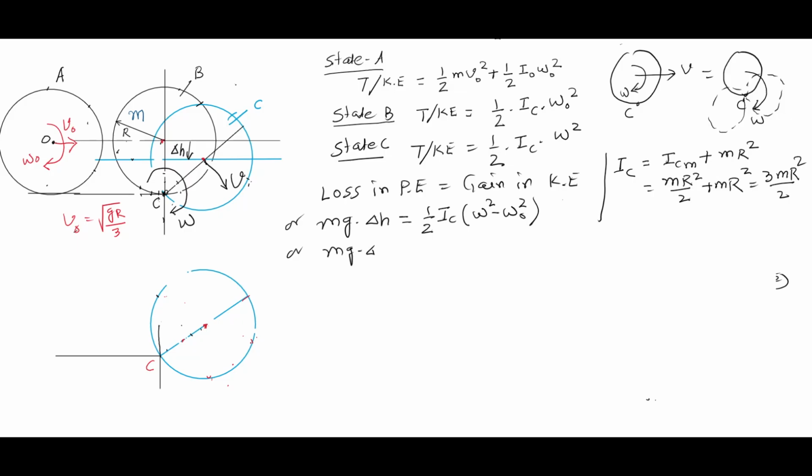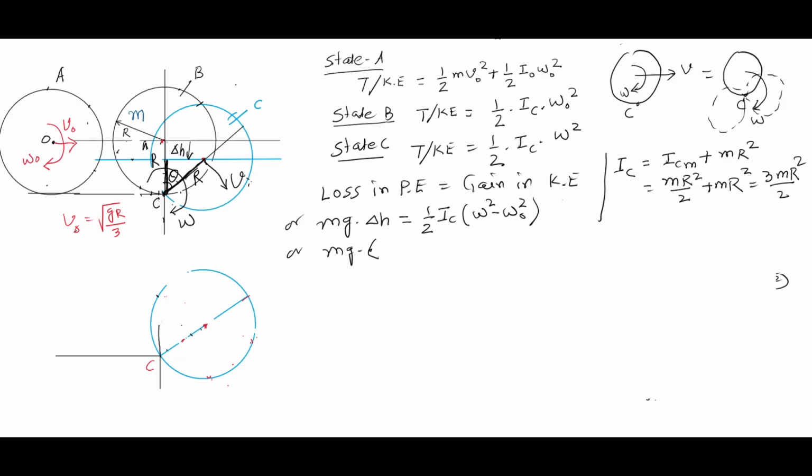Now mg into del h. How much is del h? Let us calculate del h. Let us take this angle as theta. The initial position is r, and the final position is r cos theta, because this is the radius r, this is theta, therefore this side is r cos theta.